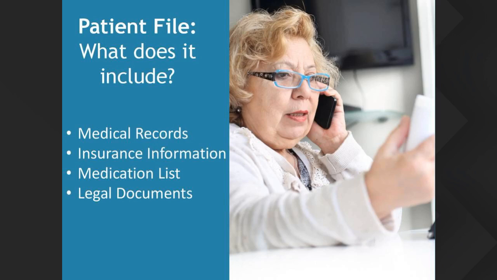Nicole's going to talk a little bit about medical records more in depth here in a second. But you also want to think about including your insurance info in this, a copy of your loved one's insurance card, perhaps any associated details with prior authorizations or anything like that. The medication list, which as I said, Nicole will touch on here in a second.